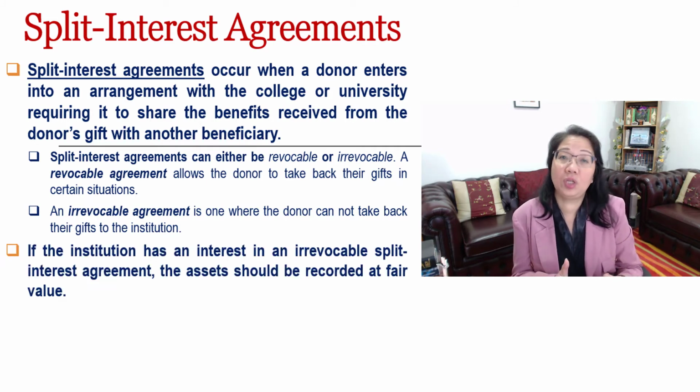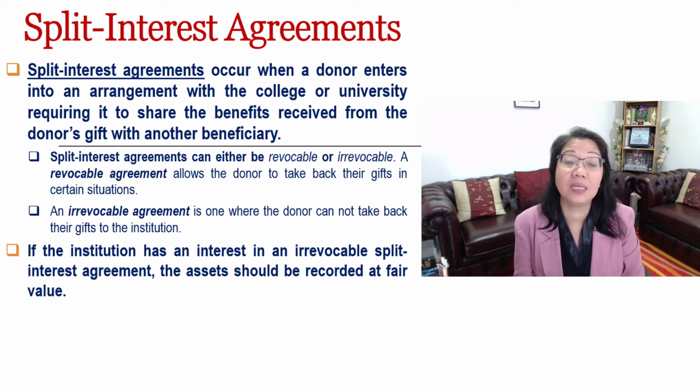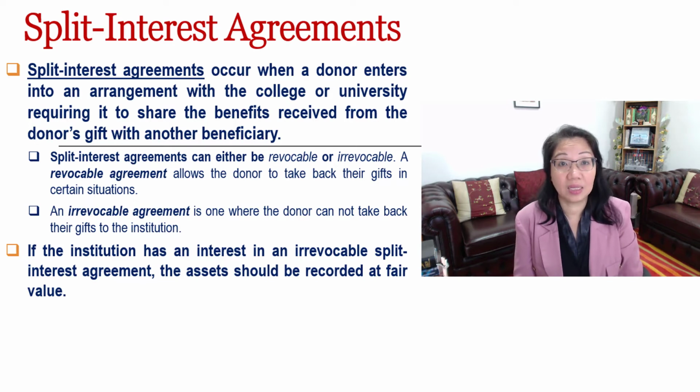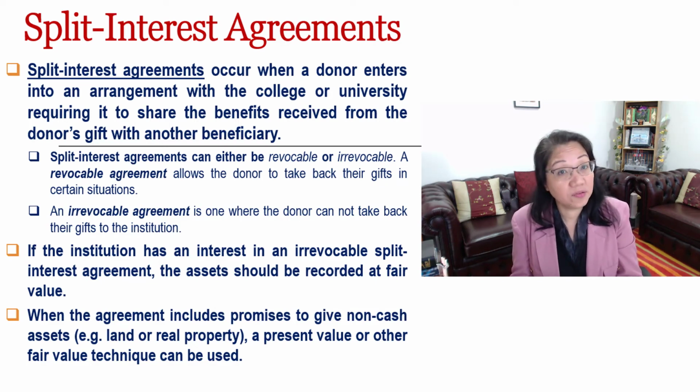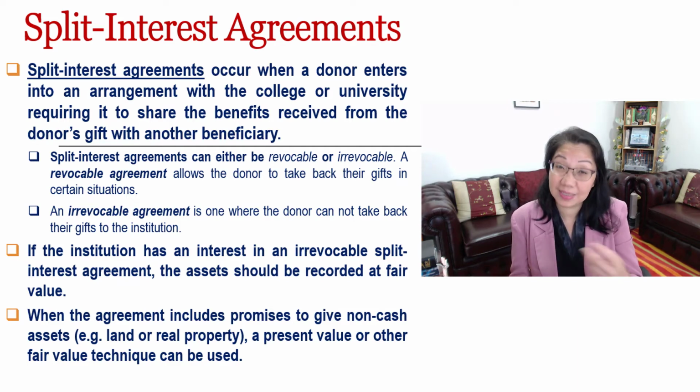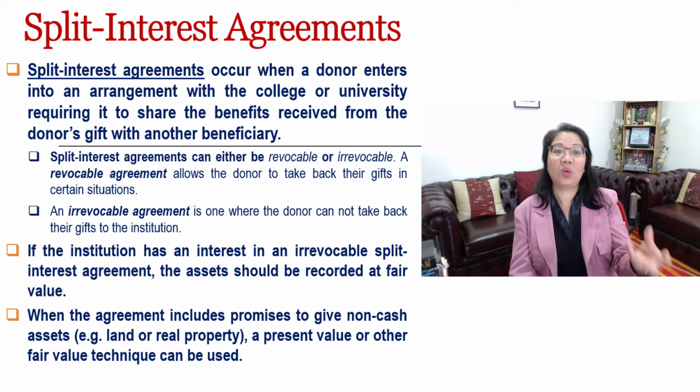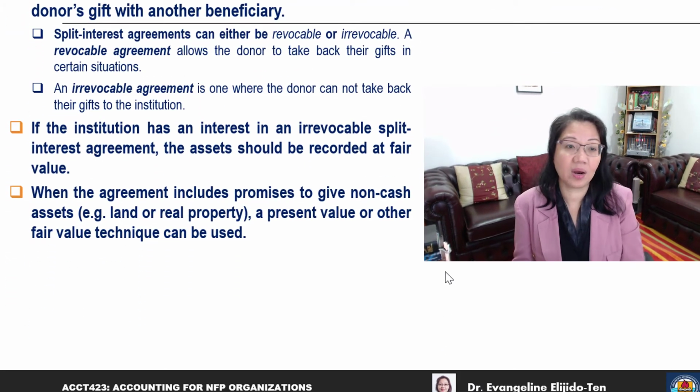Now, if the institution has an interest in an irrevocable split interest agreement, the asset would be recorded at fair value. When the agreement includes promises to give non-cash assets like land or any real property, building, and the like, a present value or other fair value technique can be used, but still the asset will have to be recorded at fair value.